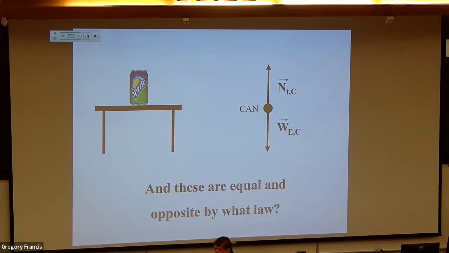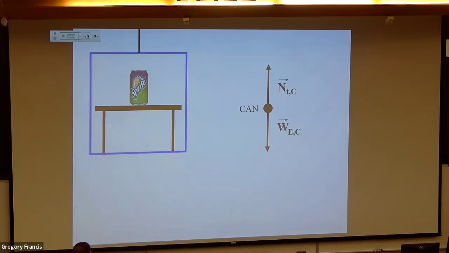Now, in your tutorial homework, what you were asked to do is essentially prove that those are not Newton's third law force pairs. And the way you do that is you change it up. For example, if I were to put that table and that can in an elevator with acceleration up, and let's just pause a moment.